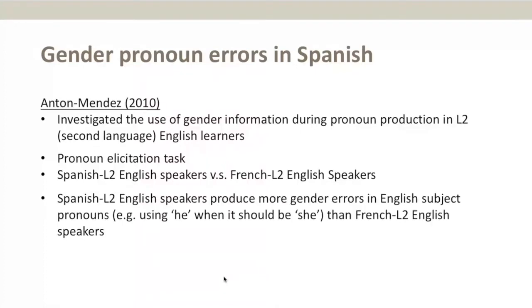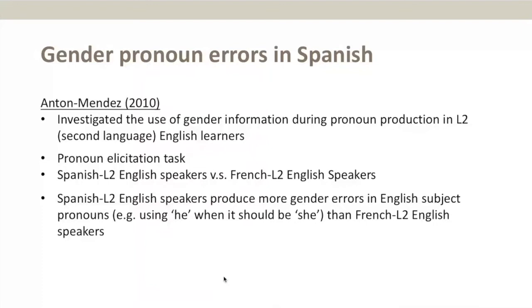What she found was that the Spanish speakers produced more gender errors than the French speakers. So they would make errors like using he to refer to my sister, and they might use she to refer to my brother. So there's a gender error happening there. This is interesting because she only found this in the Spanish speakers.